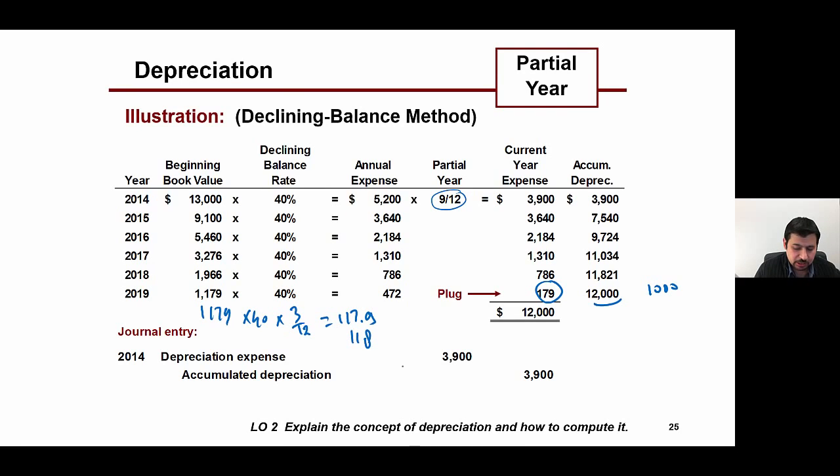So we adjust 118 to 179 in order to get to 12,000 and book value of 1,000.